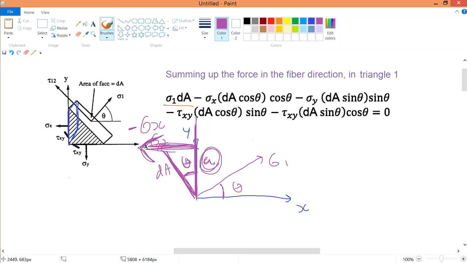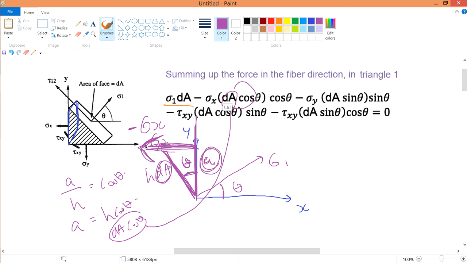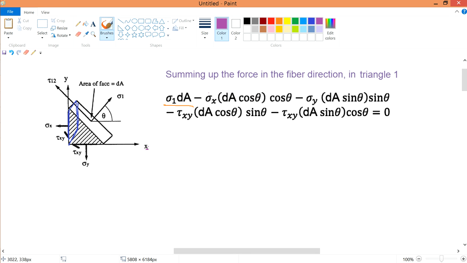This is why A over H, where H is the hypotenuse, your dA, equals cosine theta. So your adjacent is equal to H cosine theta, while your H is your dA. So dA cosine theta, which is why it's over here. And I haven't finished. This portion over here is only talking about the force in the x direction.